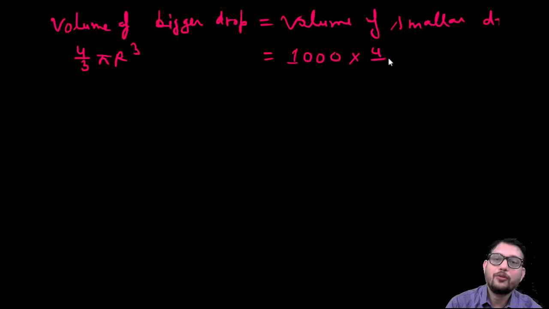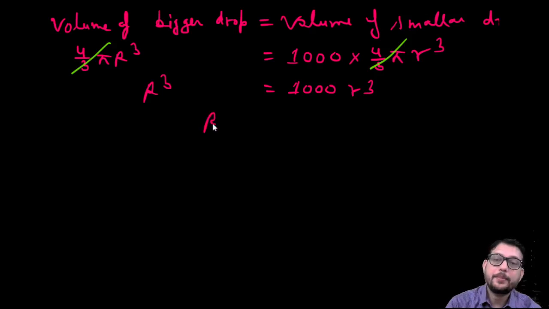1000 into 4 by 3 pi small r cube. Now, as you can simply see, the 4 by 3 pi cancels out, and we have capital R cube equal to 1000 small r cube, or capital R equals 10 small r.